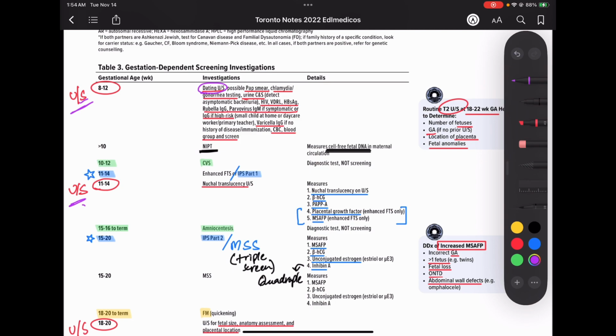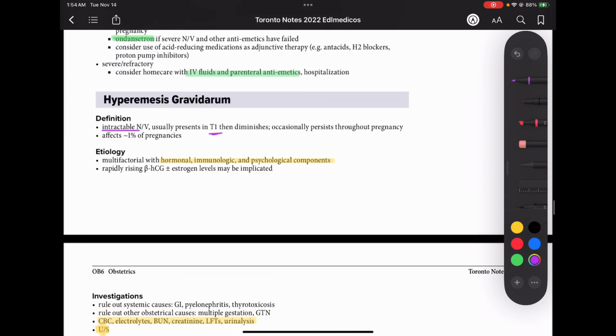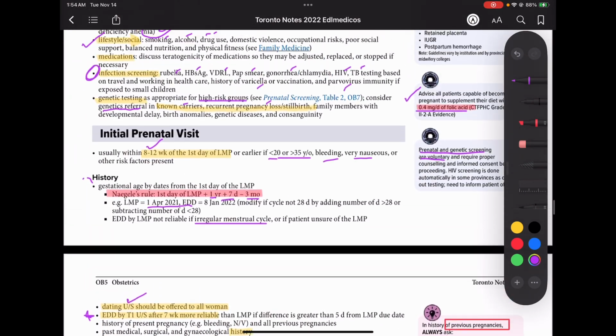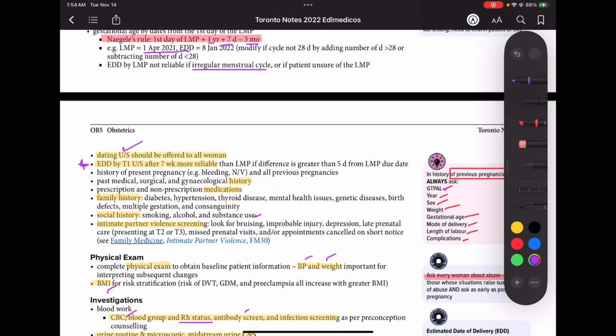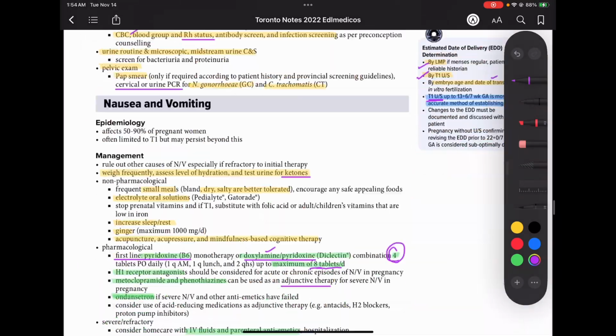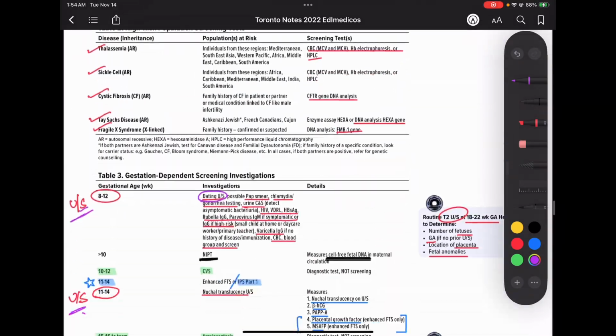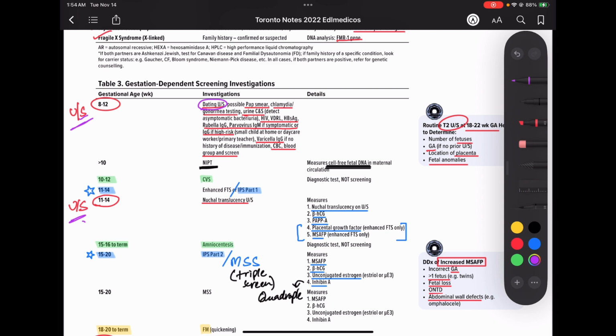So these investigations, we just had a pretty detailed look at in the initial prenatal visit right here. So this one is the initial prenatal visit, the first paragraph, which is 8 to 12 weeks.